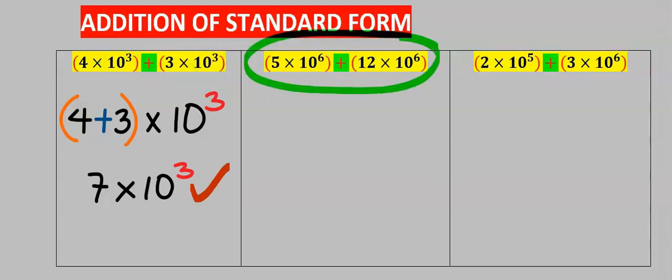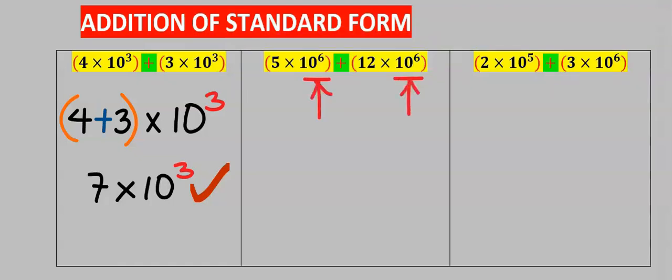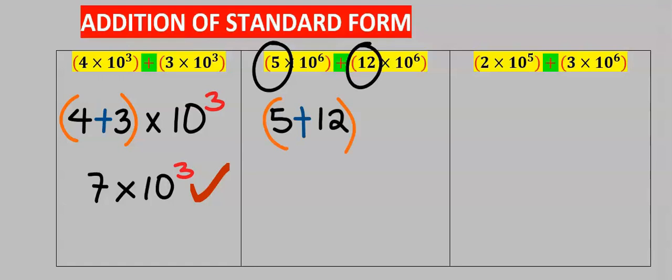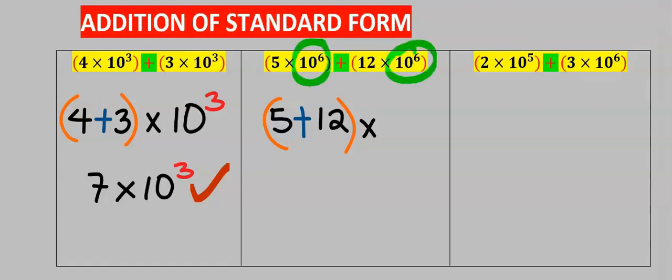Let's consider this question. The first step is to check if the powers of 10 are the same. Since they are the same, I will go ahead with the addition. The first step is to add the numbers. Next, in step 2, I will multiply this with 10 to the power of 6, since both are the same.